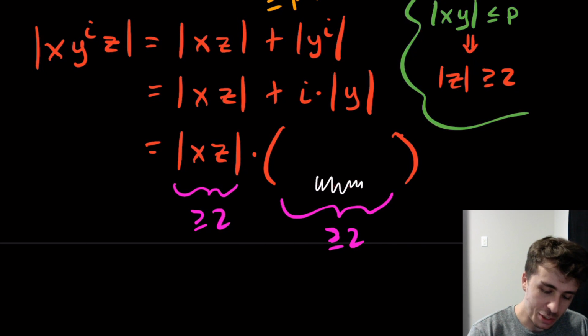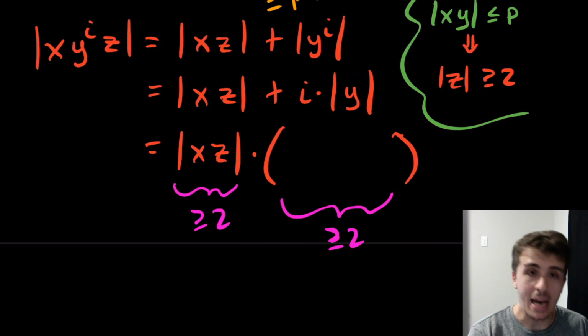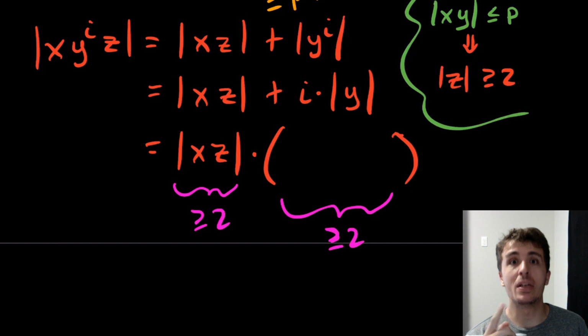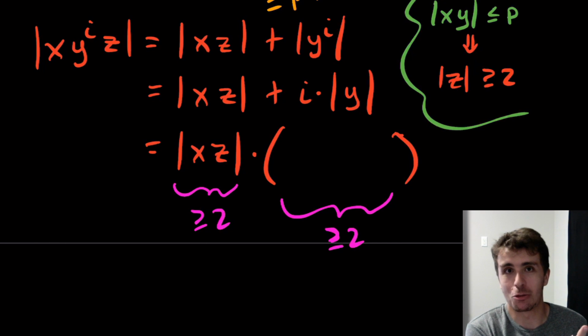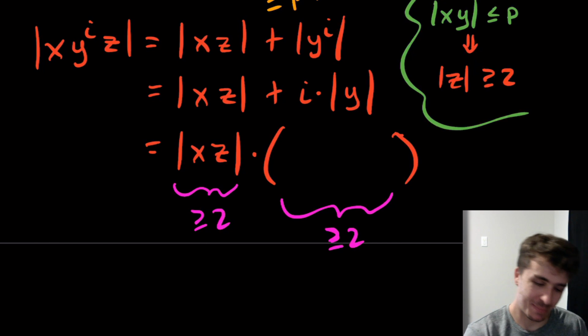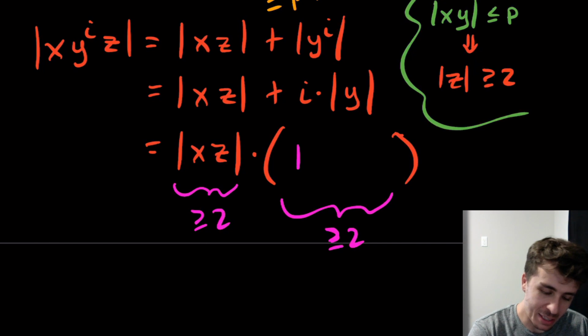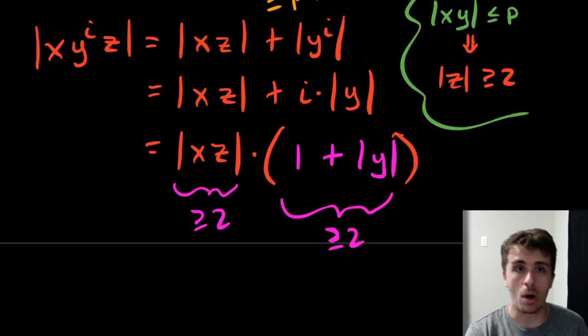What we can do is notice that the length of y itself is at least 1. And how do I get something from 1 to 2? The easiest way is to add 1 to it. So what I can put in here is 1 plus the length of y. And that would get us exactly what we want.